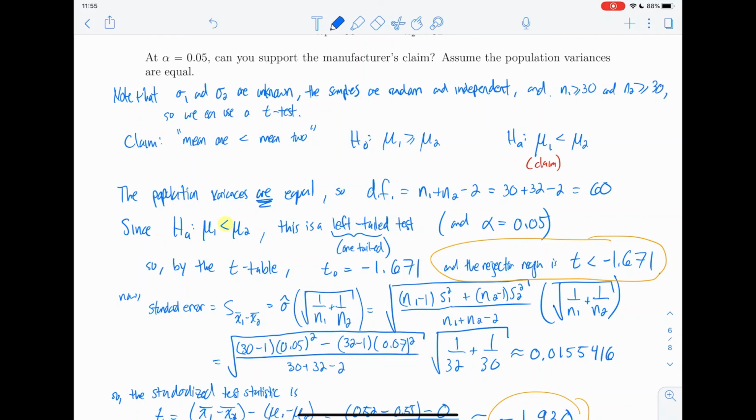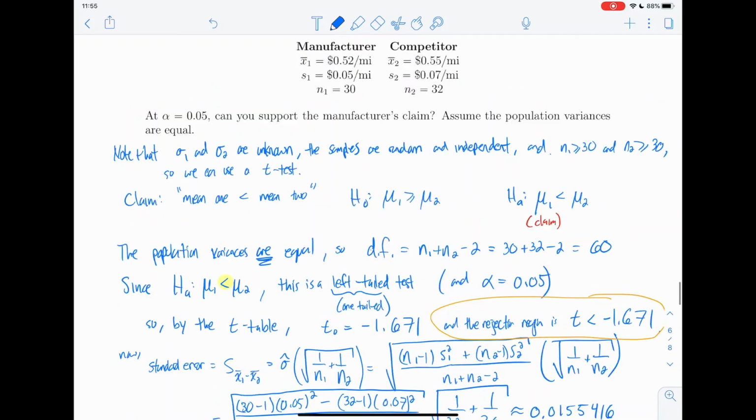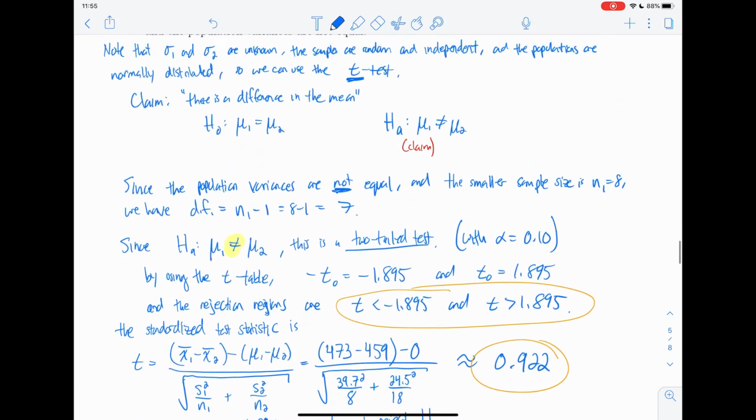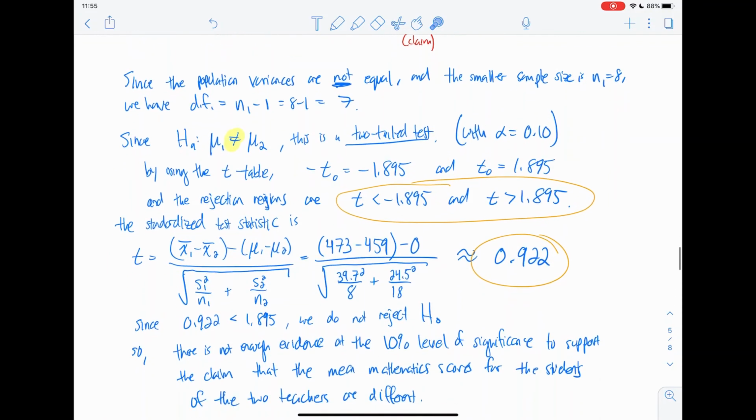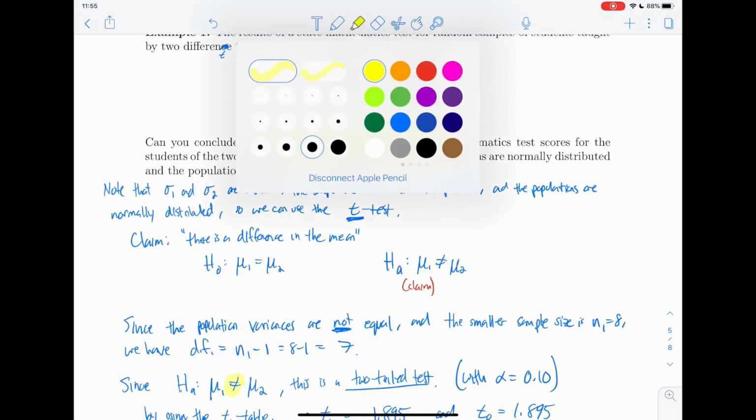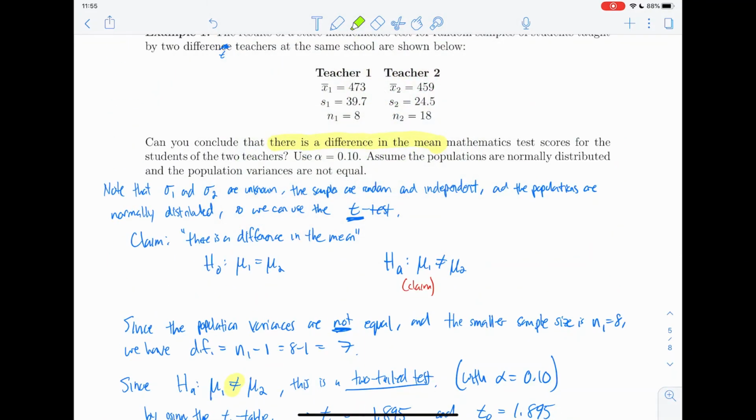Now, this second example illustrates the other side of the coin. In the first example here, we had a slightly different set of alternate and null hypotheses, but since we had the underlying assumption that the population variances were not equal, things changed a little bit. We also here assumed the populations were normally distributed, so our original hypotheses were a little different.